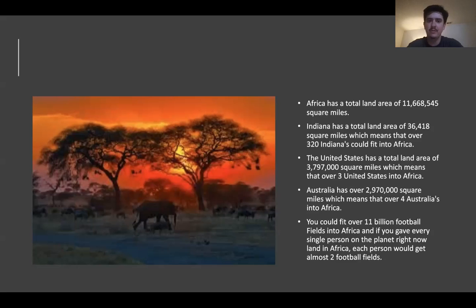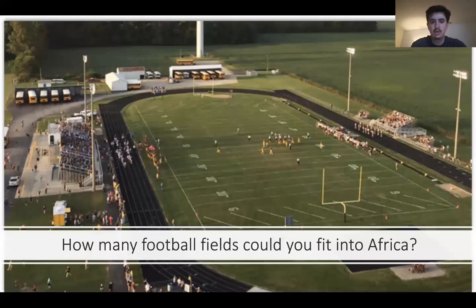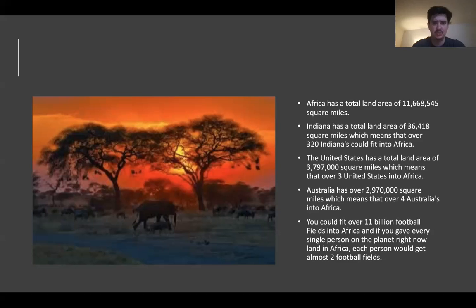Now, if you gave every single person on the planet right now, almost 8 billion of them, each person would get almost 2 football fields worth of land. That's each person on the planet, almost 8 billion people. And you would still have a little bit of land left, just to give you guys an idea of that.